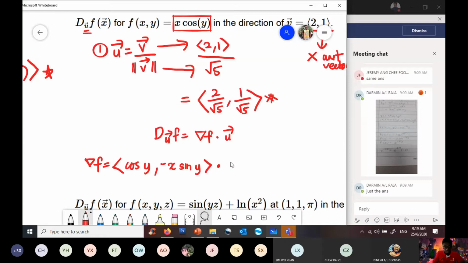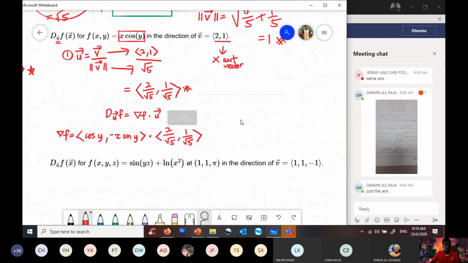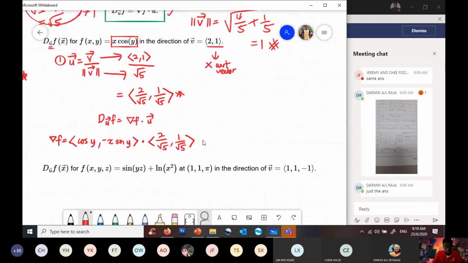Now the dot product with my unit vector, which is 2 over square root 5 and 1 over square root 5. I've already plugged it into my formula here. In case you have forgotten, the dot product is very easy: the first component multiplied by the first component plus the second component multiplied by the second component, and so on. So in this case, it's cos y multiplied by 2 over square root 5.